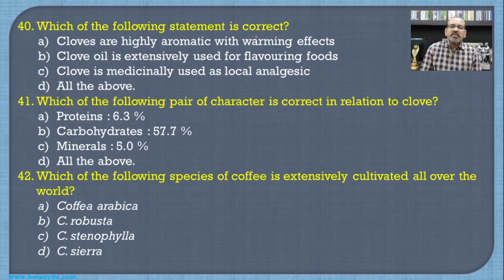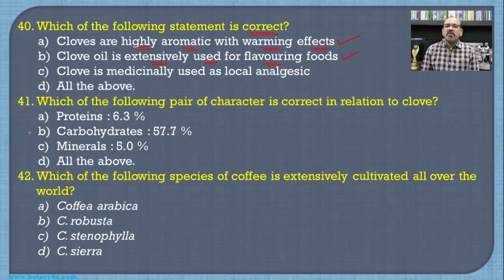Then, which of the following statements is correct? The cloves are highly aromatic with a warming effect. This is the routine practice that we experience many times, so it is a correct statement. Then, clove oil is extensively used for flavoring foods.